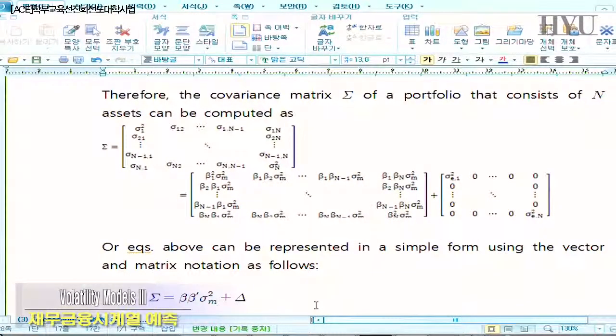So replace it, then you have different numbers, right? If you plug in the GARCH forecast, then you get the forecast value. If you plug in EWMA volatility for market variance, then you get the EWMA version of this one.